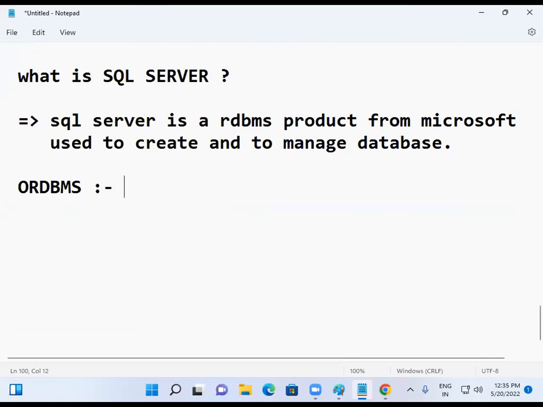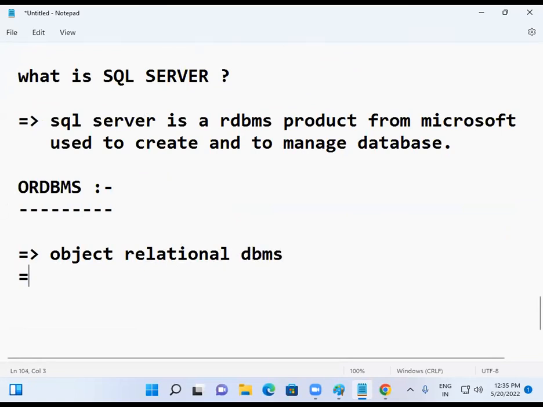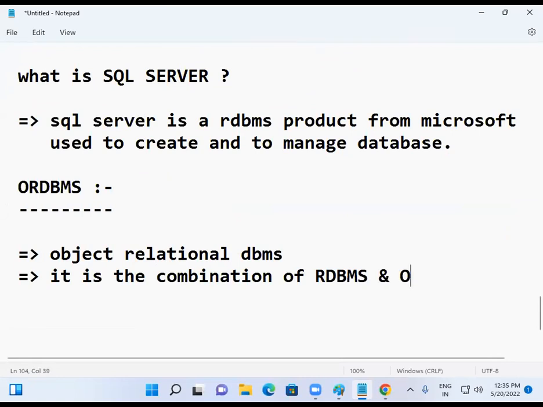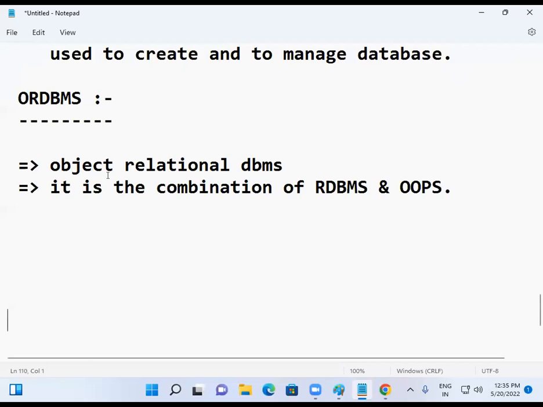ORDBMS. What does this stand for? Object Relational DBMS. We can say it is a combination of RDBMS and OOPS.